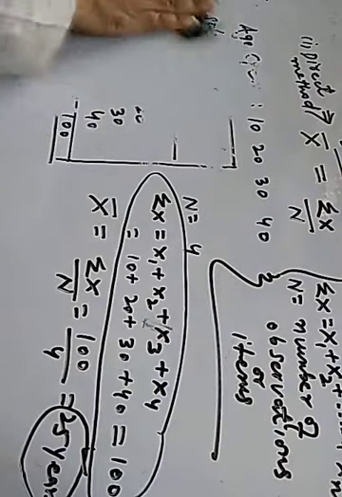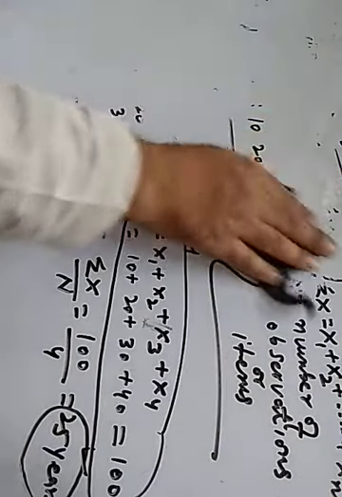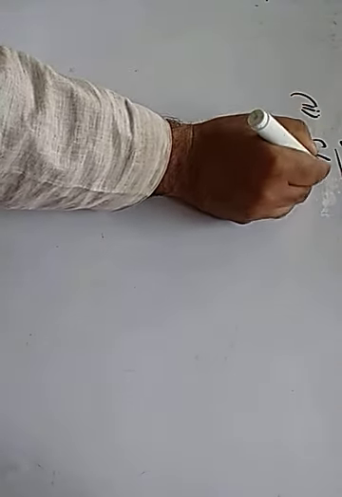Now we will apply the second method of arithmetic mean in case of individual series, the shortcut method.